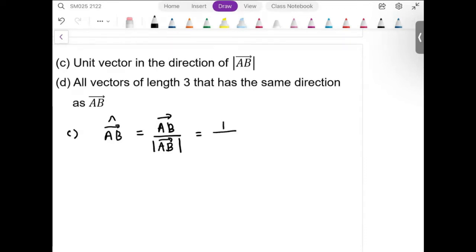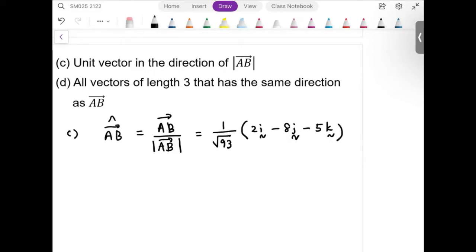Okay, because our magnitude just now is surd of 93. So dia akan jadi 1 over surd of 93 times with our vector AB. 2i minus 8j minus 5k. That would be our unit vector.